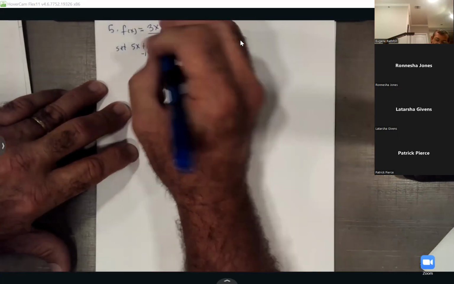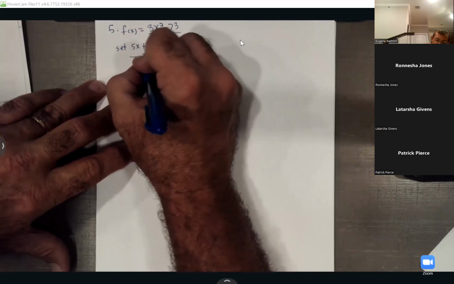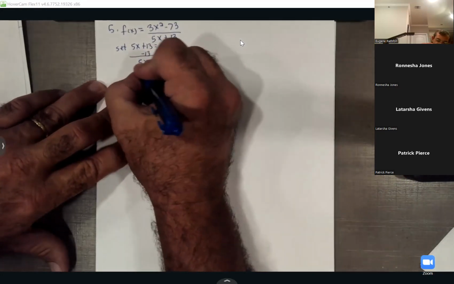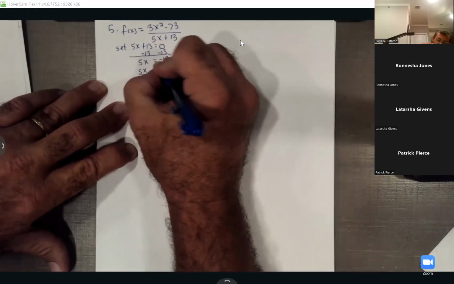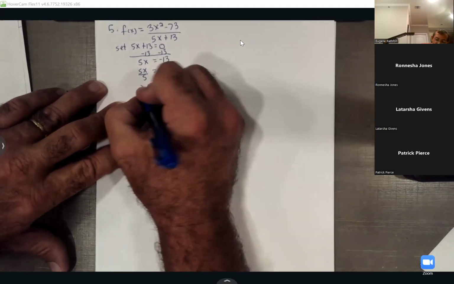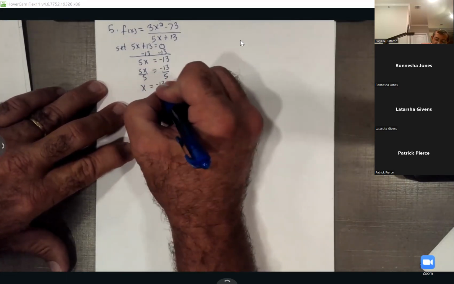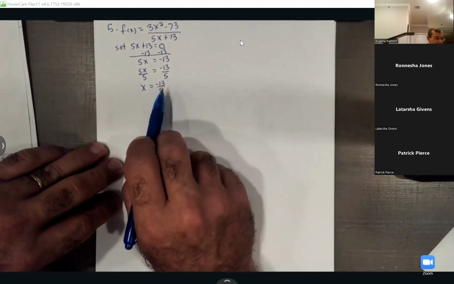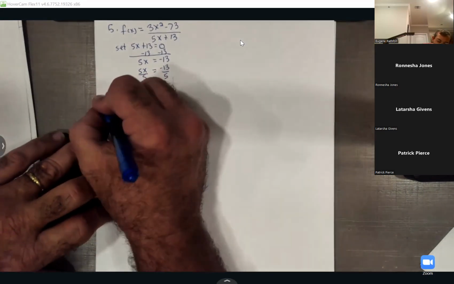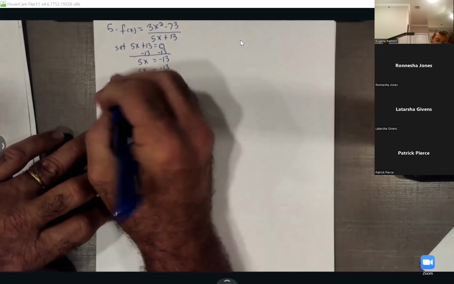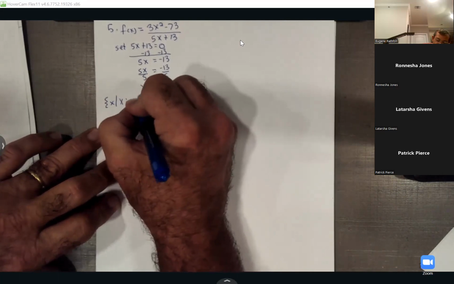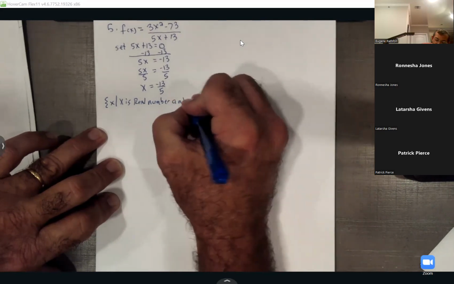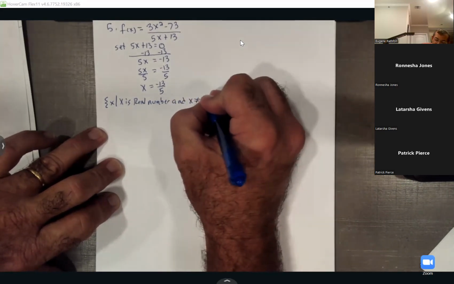All right, I'm going to start out by subtracting 13. So 5x equals -13. Then we come in and divide by the 5. So x equals -13/5, which means the only number my x cannot equal in my domain is that -13/5. So x such that x is a real number, and x cannot equal -13/5.